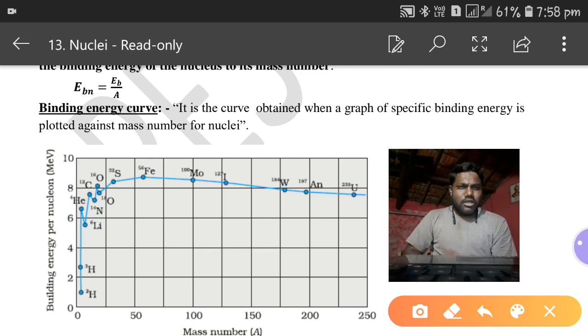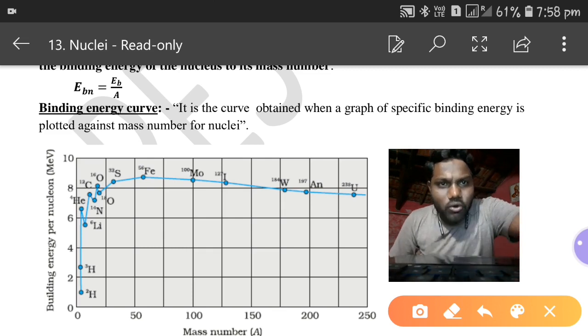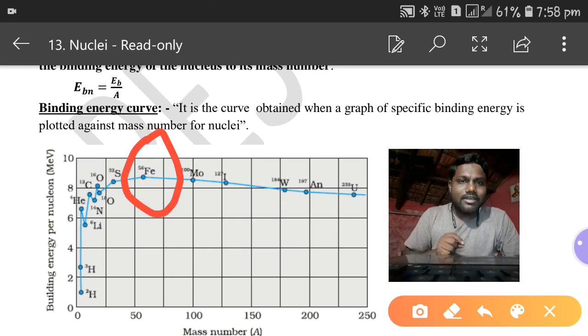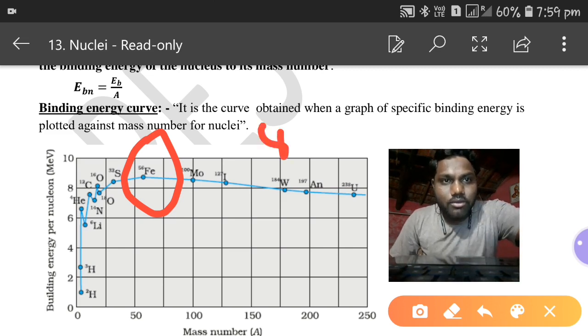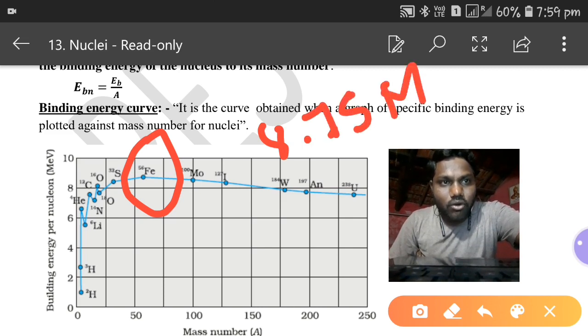Next, one more important characteristic of the binding energy curve: have a look at this, ferrum-56, that means iron-56. Fe is the symbol for iron. If you concentrate on this iron element, it has the highest binding energy per nucleon, and it must be nearly equal to 8.75 mega electron volt.